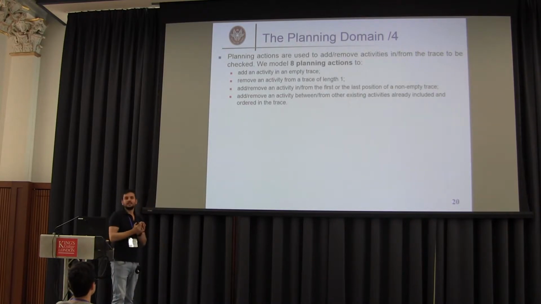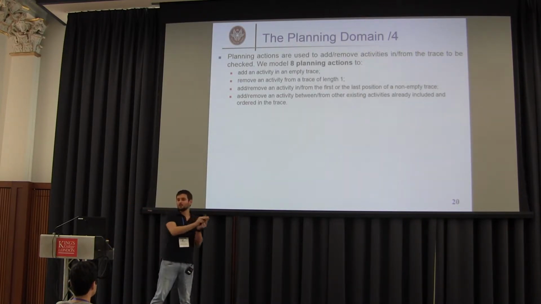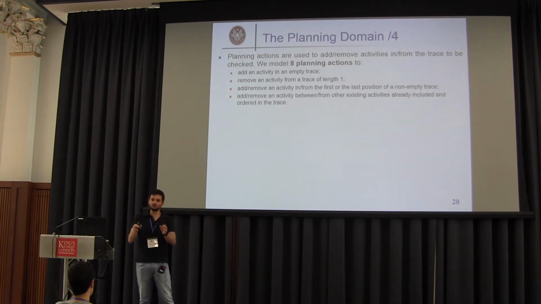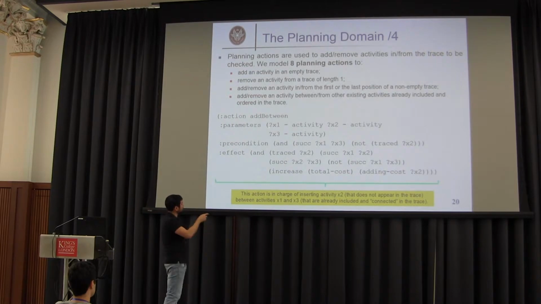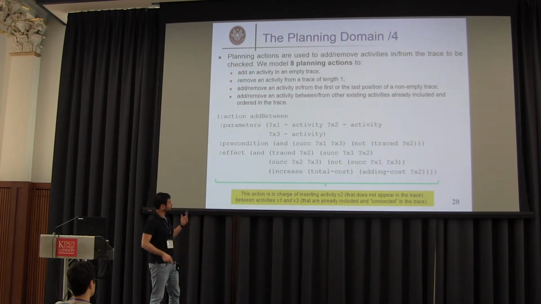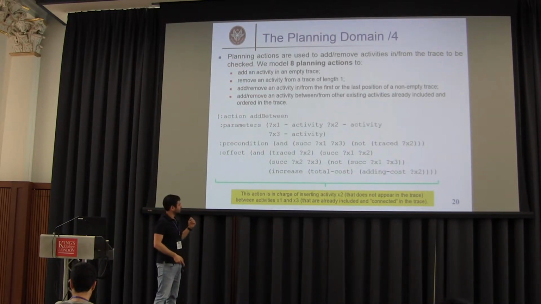Basically, the main actions are to add and remove, but we split them into more actions to add or remove activities from the various parts of the trace. And this is, for example, the encoding of a particular action, add between, that is in charge of inserting an activity between two other activities.